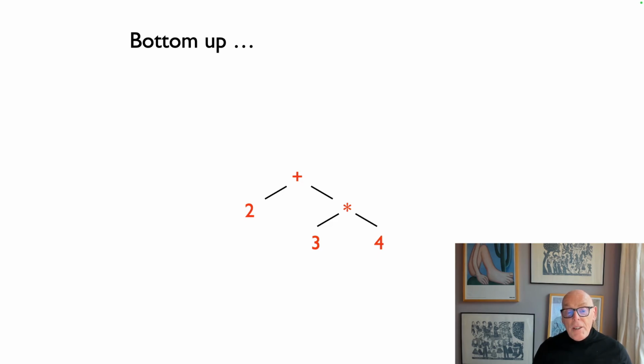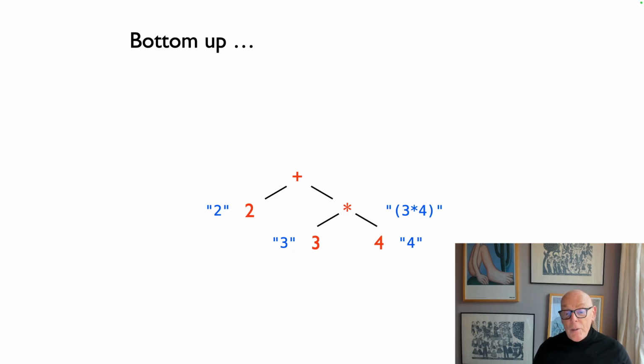We can visualize this happening bottom up. So we can think, okay, we know how to print the numbers 2, 3, and 4. And once we know how to print the objects that are part of a complex expression, we can begin to bottom up pretty print the more complicated ones.